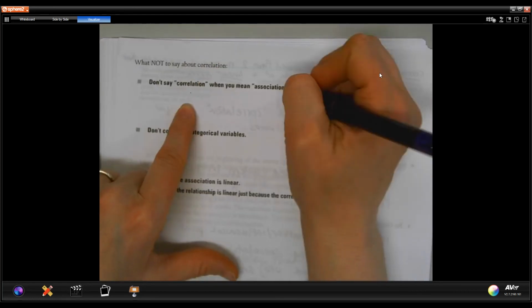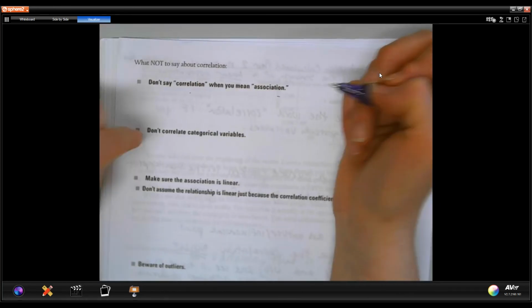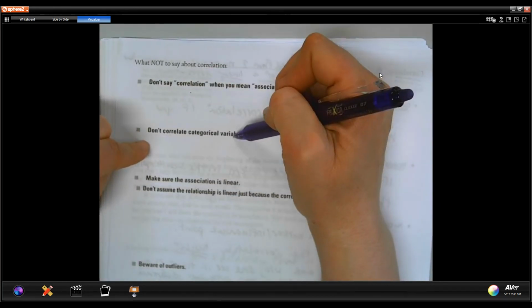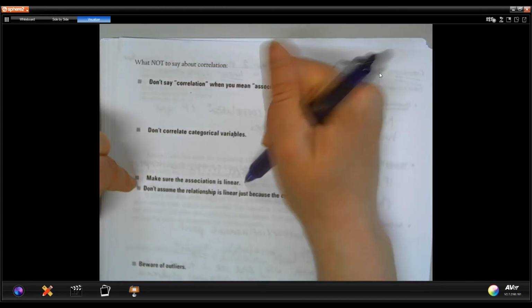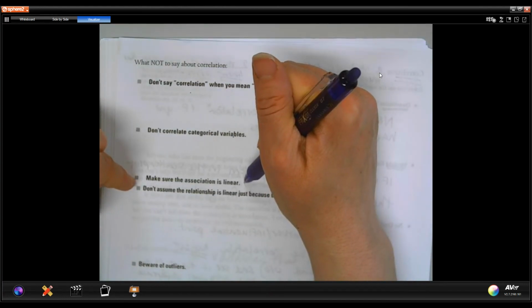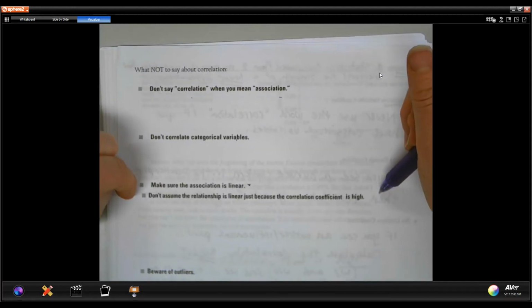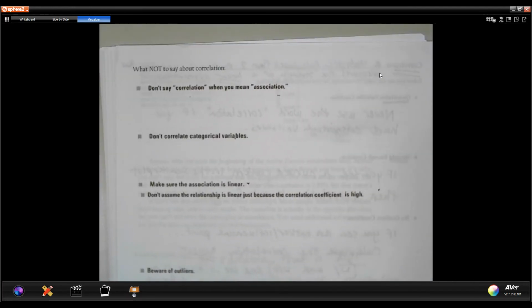Okay, so up above here is what not to say about correlation. Don't say correlation when you mean association. Don't correlate categorical variables. Make sure the association is linear. Don't assume the relationship is linear just because the correlation coefficient is high.